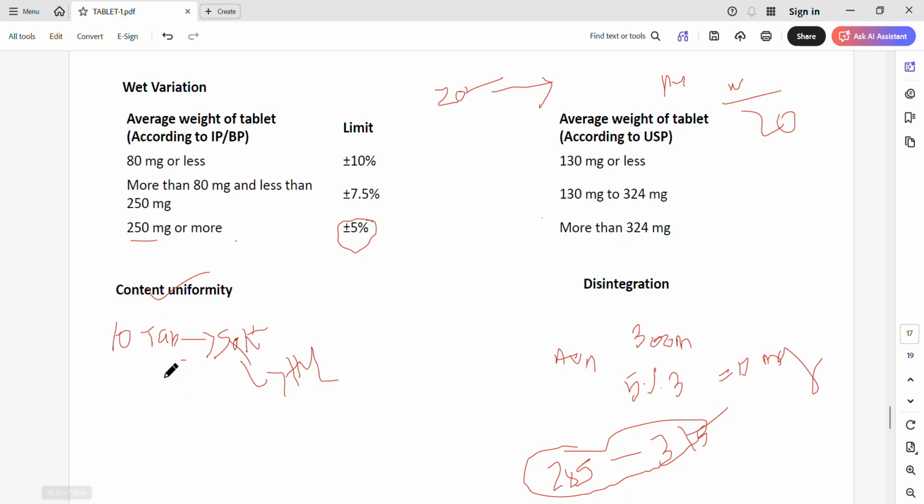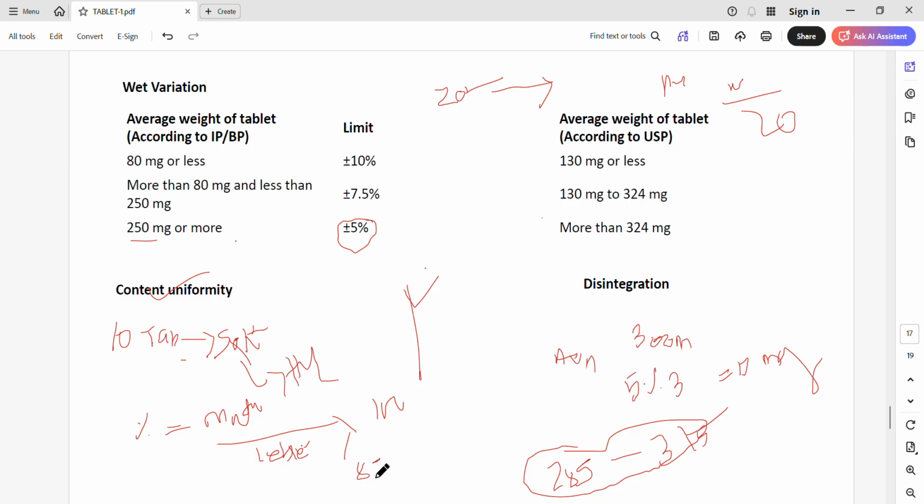The formula for content uniformity is the percentage equal to the amount found, that is the amount of drug found by HPLC, divided by the label claim, into 100. The pharmacopoeia gives several content uniformity levels.